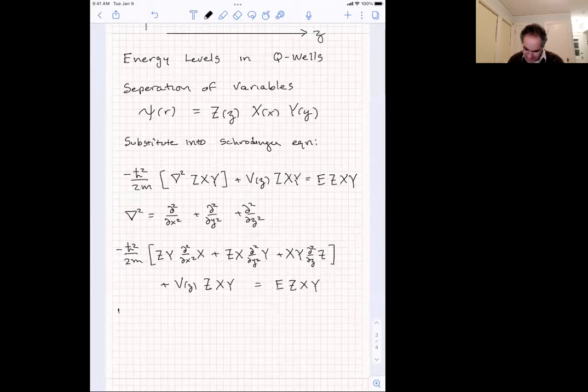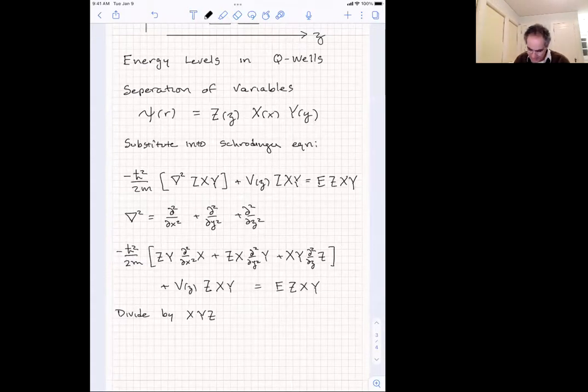Okay, now we'll divide both sides by the wave function, by the product of the x function, y function, and z function. And then what we get is the following. On the left-hand side, we have minus h bar squared over 2m times this, plus the rest of the terms.